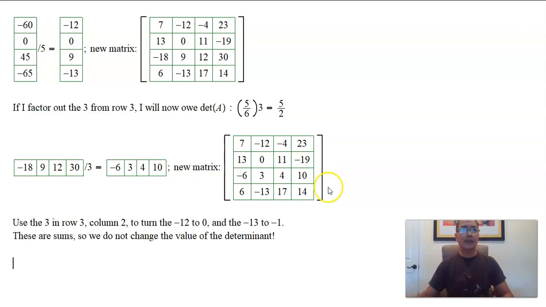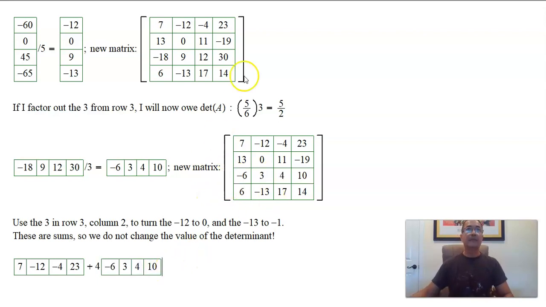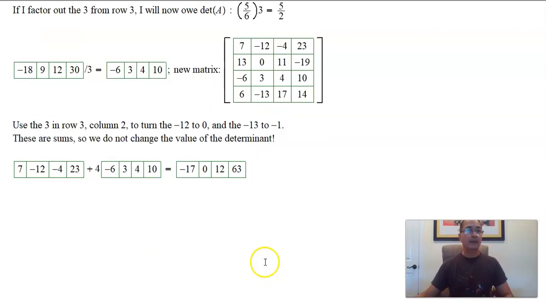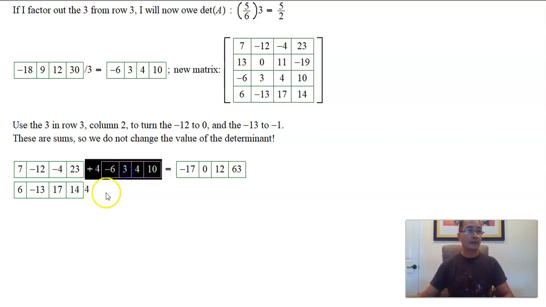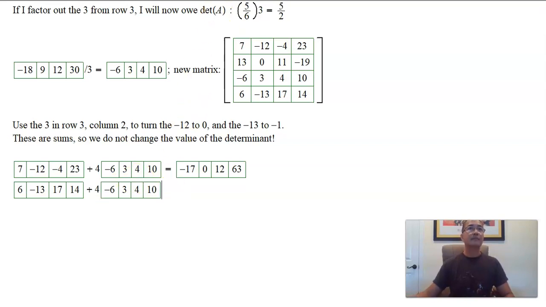Okay. So let's do it. We have row 1 plus 4 times row 3. And that will be the new row 1. And then we have row 4 plus, no, also 4 times row 3. So that will give us that minus 1.